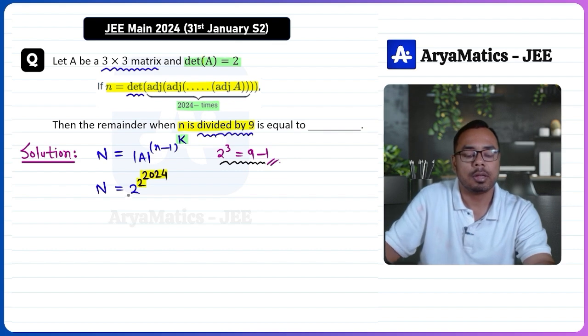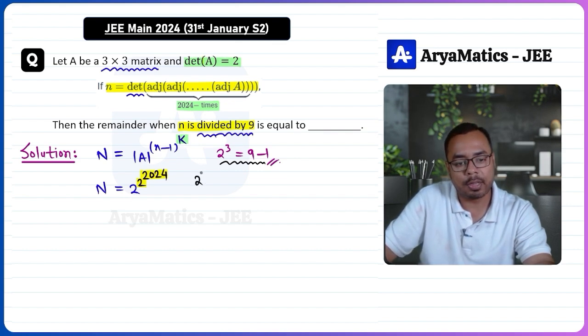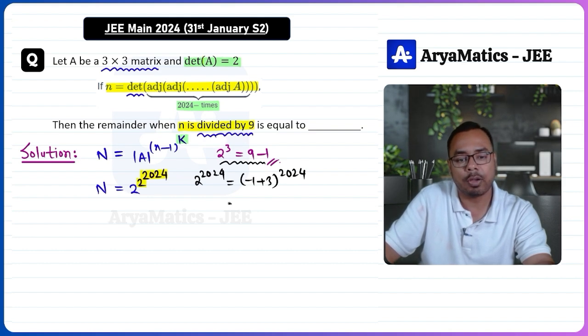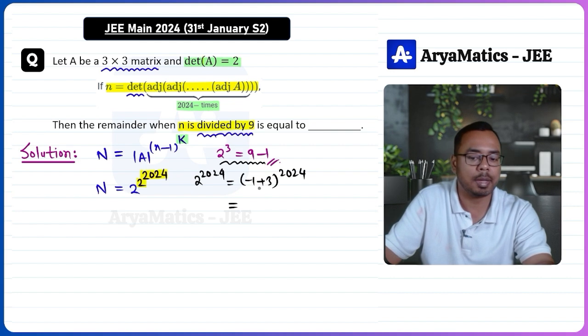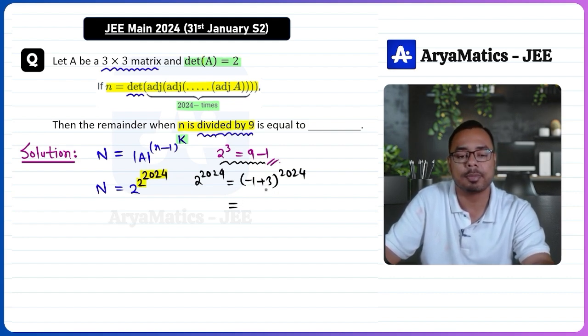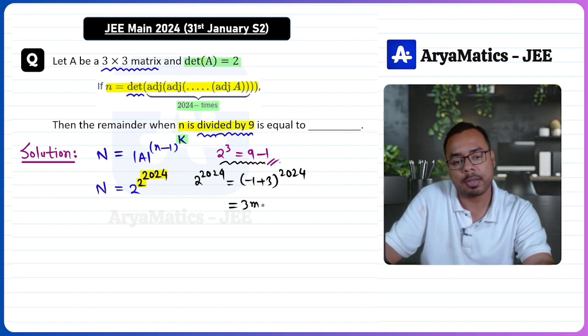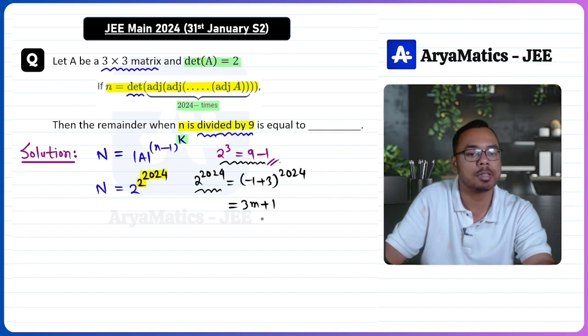So here, 2 raised to 2024, you can write as (minus 1 plus 3) raised to 2024. Now if I expand it using the binomial theorem, then clearly you can see that minus 1 raised to an even power will be 1, and all the other terms will be multiples of 3. So that means 2024 is nothing but a multiple of 3 plus 1.